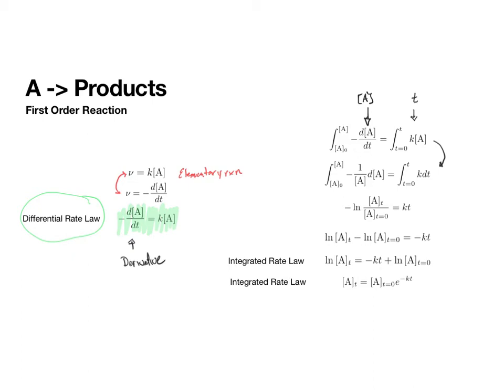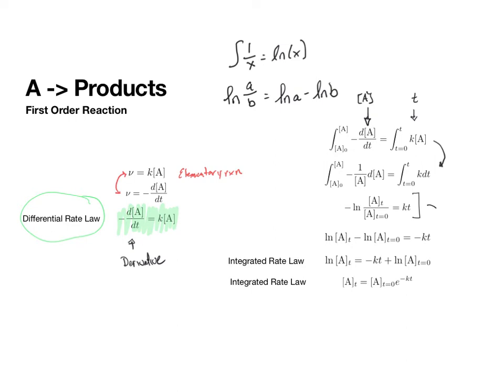The integral of 1 over x is equal to the natural log of x. If I take the integral and plug in the bounds of the integral, I get this expression. Then remember that the natural log of a divided by b is equal to the natural log of a minus the natural log of b.